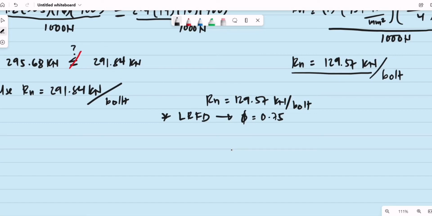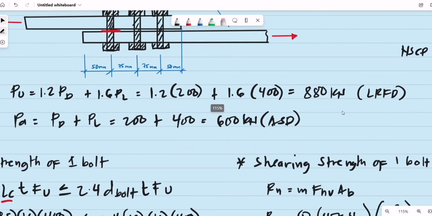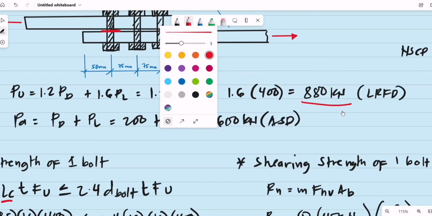So we are to equate the total capacity of the bolts, that is phi R sub n multiplied by the number of bolts, which will be the total strength of all bolts, equal to the ultimate load P sub u. So again, what is our P sub u? Earlier we found the value of P sub u is equal to 880 kilonewtons.